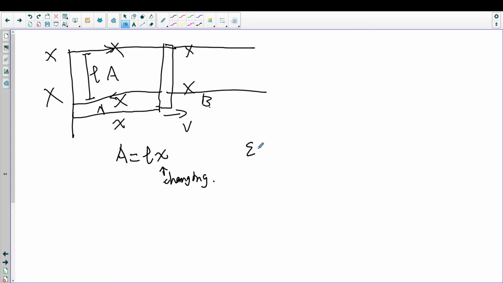So the induced EMF is, with only one loop for simplicity, just good old change in phi over change in time. The field is constant, so what's changing is the area, over change in time. However, not the entire area is changing.